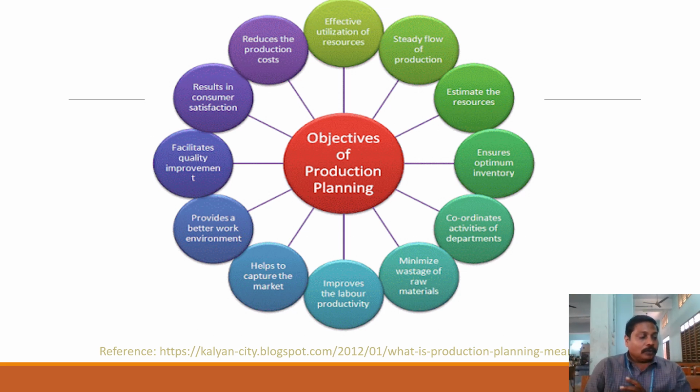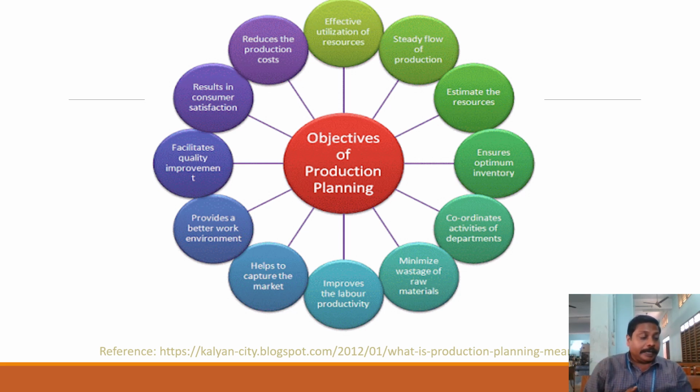Fourth one is maintain quality standard. If you compromise the price, you should not compromise the quality of the product. Fifth one is improve productivity in order to meet the demand.